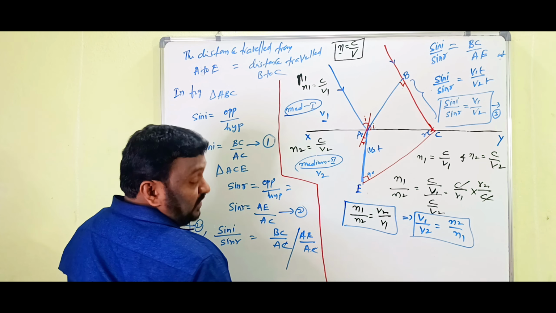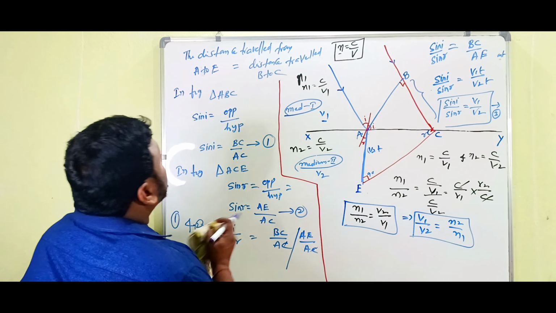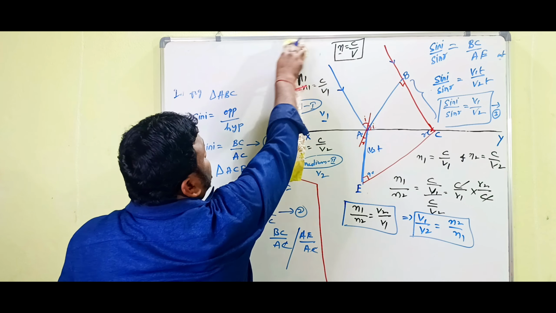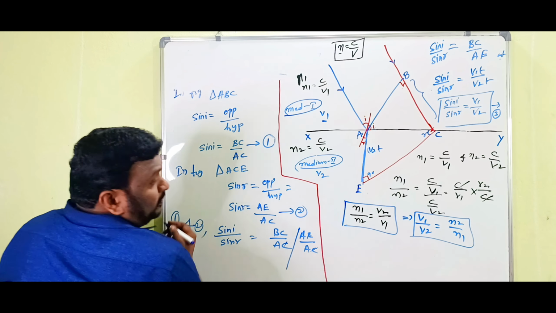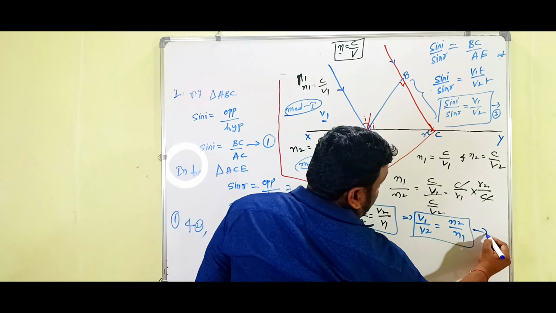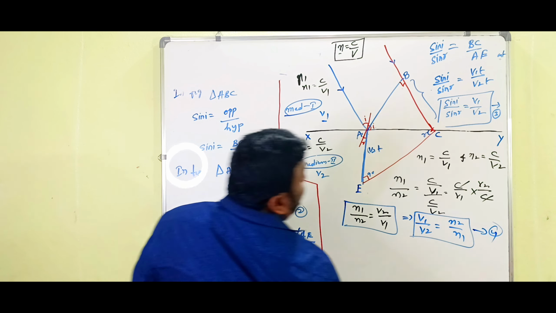So from that we have to write. Children, we need some space, that's why I am erasing this one. Clear? This is equation number 4.